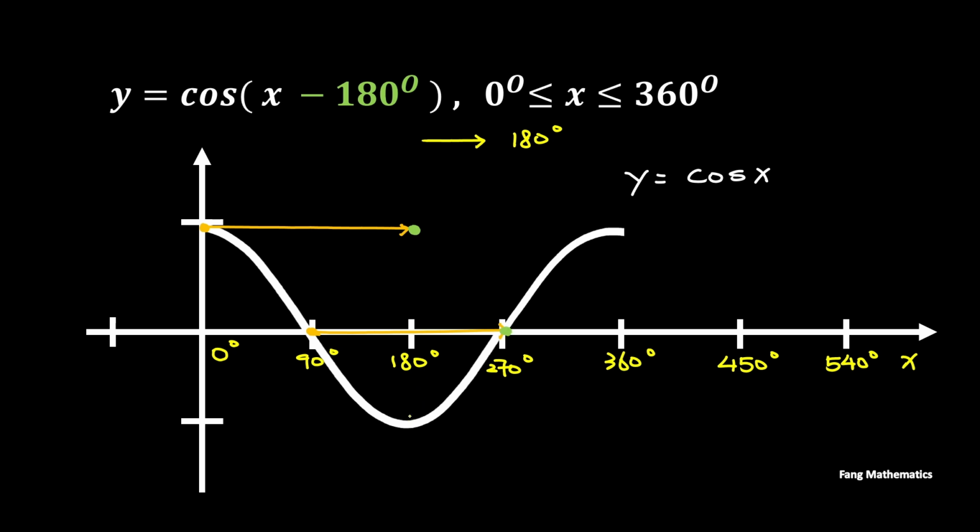Then we look at this minima and shift 180 degrees from 180 degrees, and that should give you 360 degrees. And we can stop here without doing the last two, the x-intercept and the maxima.